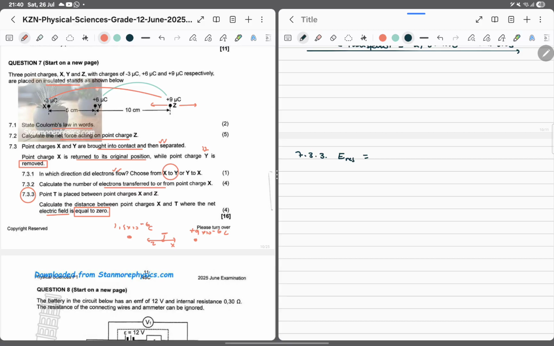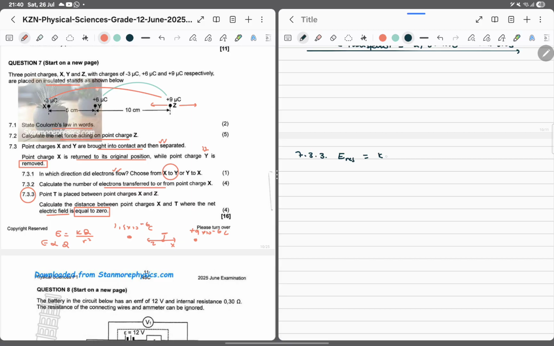But now, let's see. E is equal to KQ divided by R squared. So E is directly proportional to the charge. So I would suppose we can assume, although it depends on the distance as well, that the one due to Z is going to be bigger.